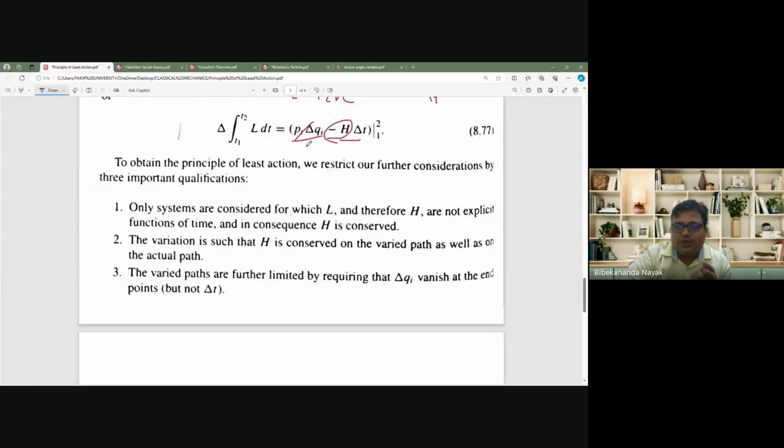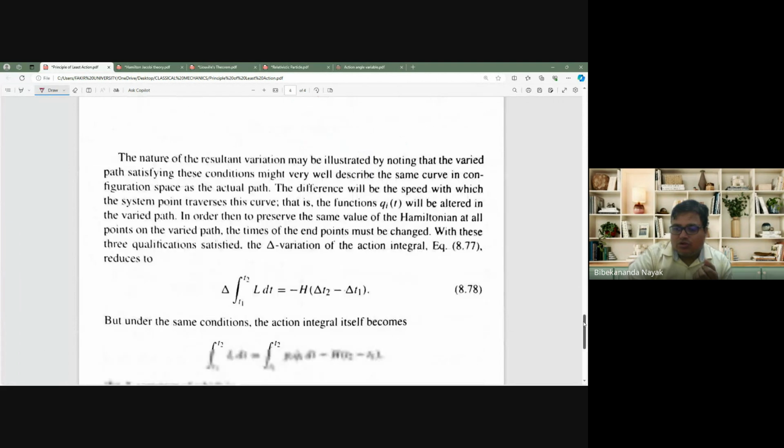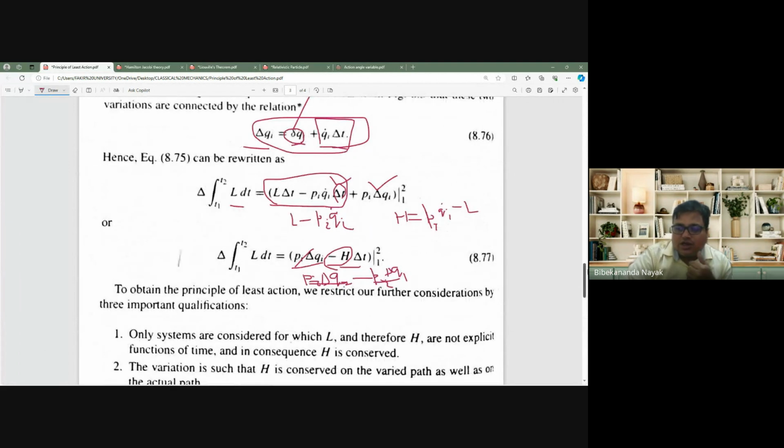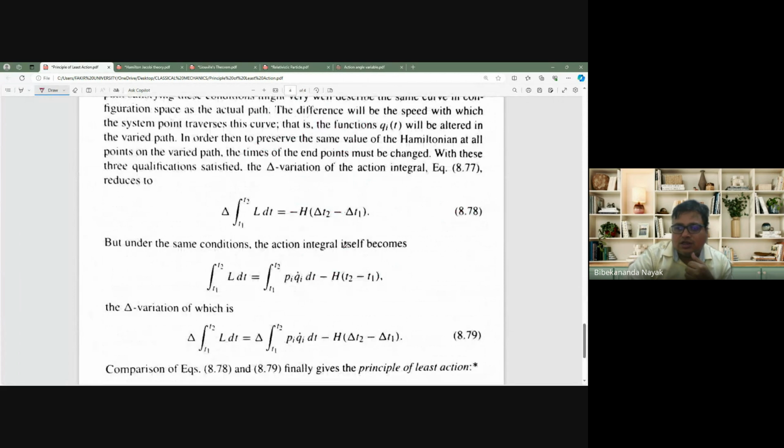This is basically Pi delta q2 minus Pi delta q1, but delta q1 and delta q2 are 0, so this term is 0. It will be minus H dt from 1 to 2. H dt from 1 to 2 means H into delta t2 minus t1. We got this equation.